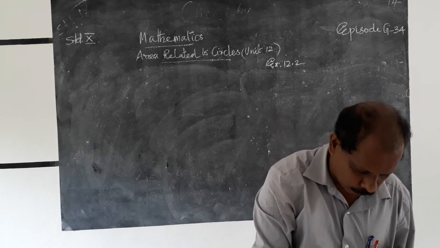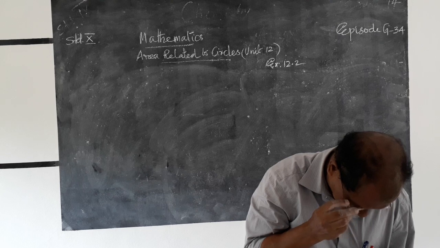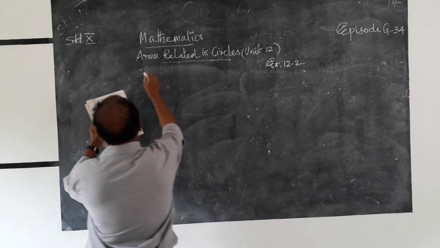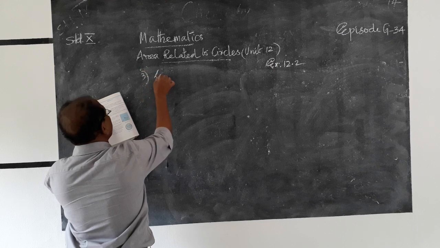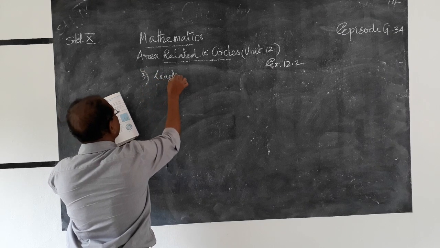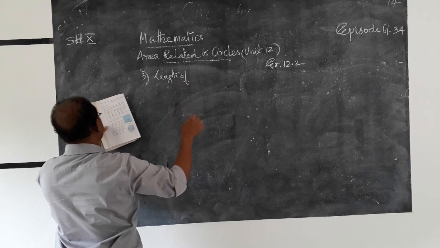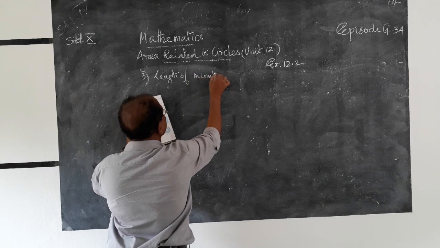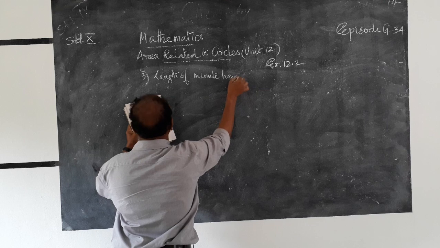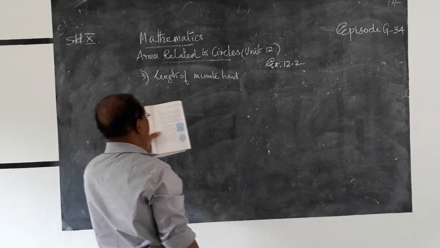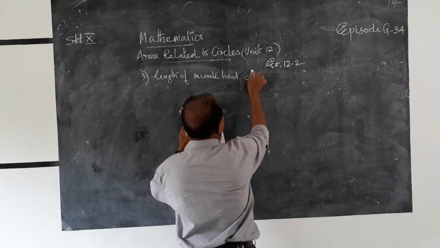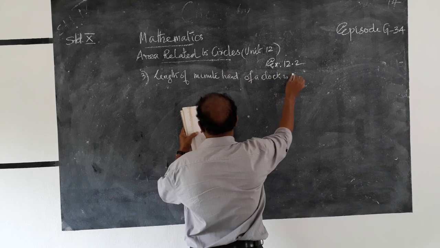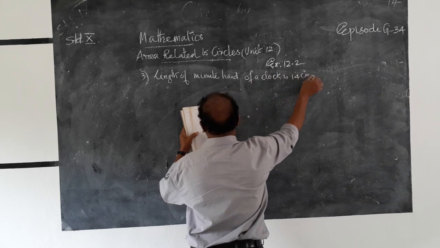Then third question, question number 3. Length of minutes hand of a clock is 14 centimeter.